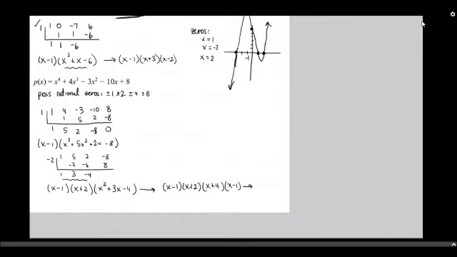So looks like we have a repeated factor of x minus 1 squared. So it's x minus 1 squared, x plus 2, and x plus 4.